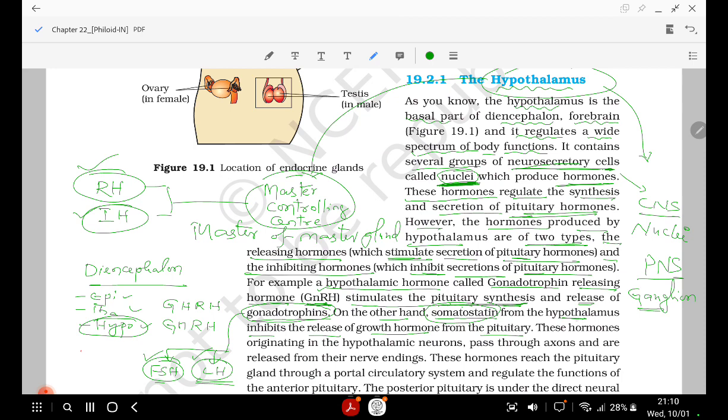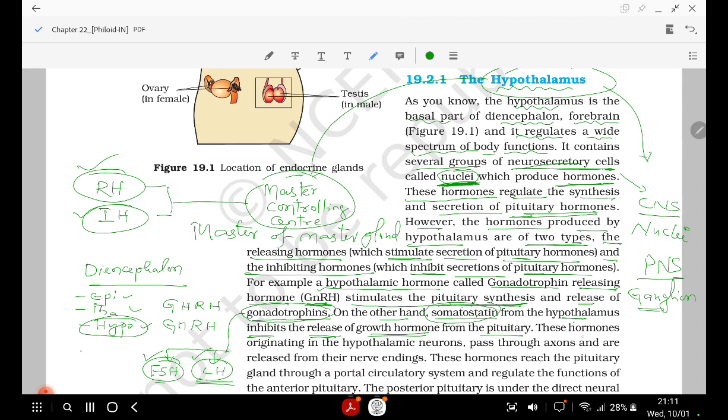So somatostatin secreted from the hypothalamus acts on the pituitary gland and inhibits secretions of gonadotropins, FSH, LH. FSH, LH are stopped from the pituitary when somatostatin is released from the hypothalamus.